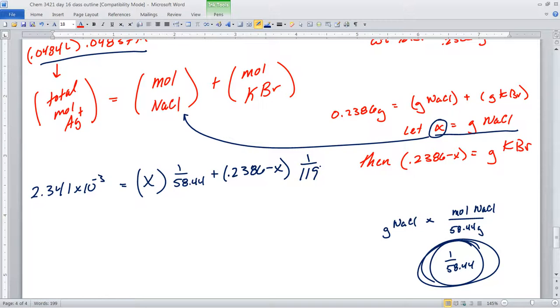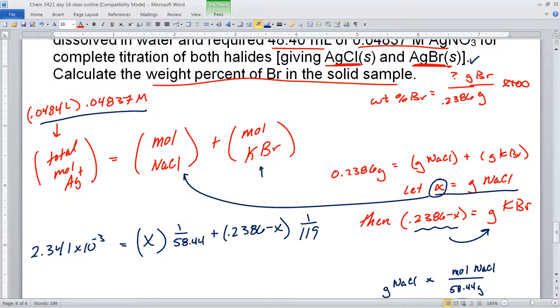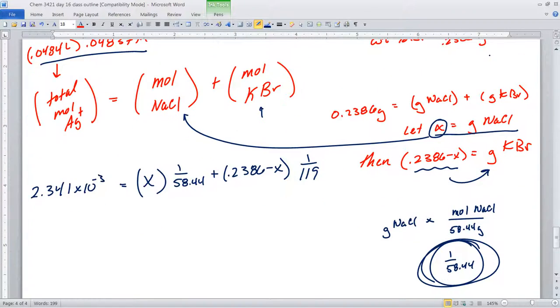So take the grams of the potassium bromide, divided by its molecular weight, and I'll get moles of KBr, which is what I want. Okay, so just take grams, divide it by the molar mass, and you'll get moles. So now we just got to simplify for this thing, solve for x. And when we get our x, take 0.2386 minus x, and we'll get the grams of KBr. From that, we need to convert and get the grams of bromine. So that's where we're headed.